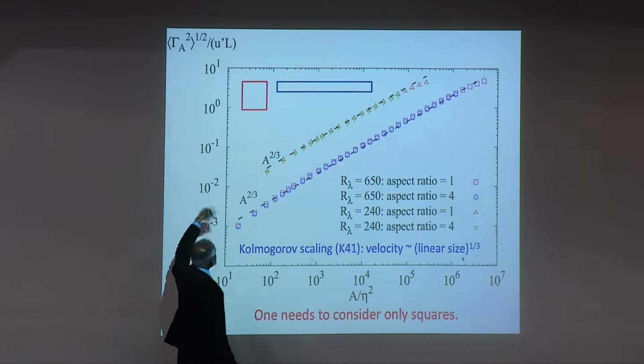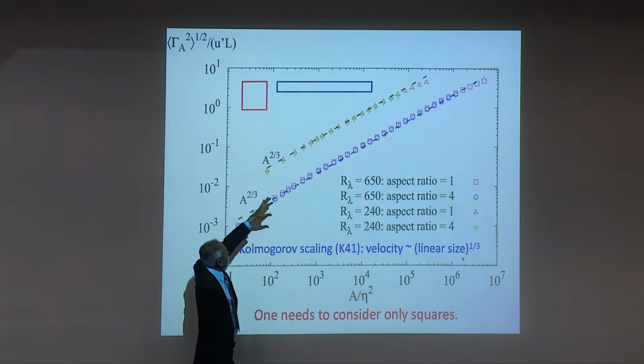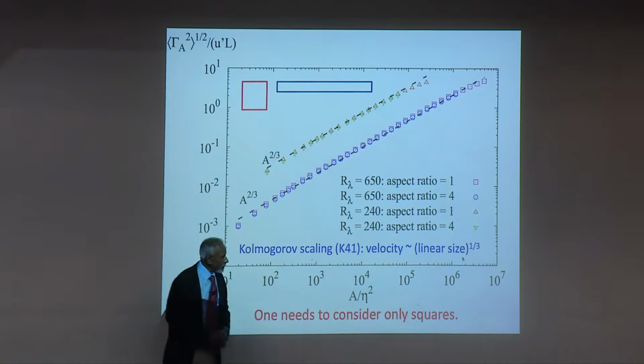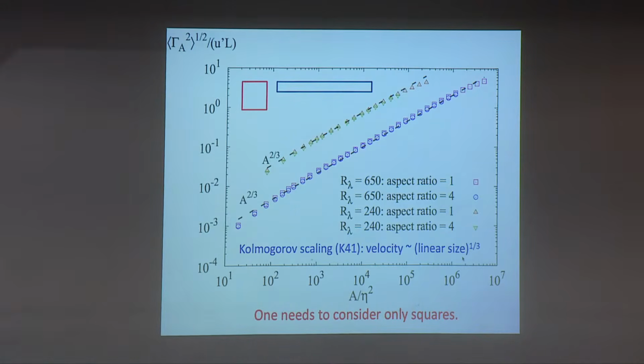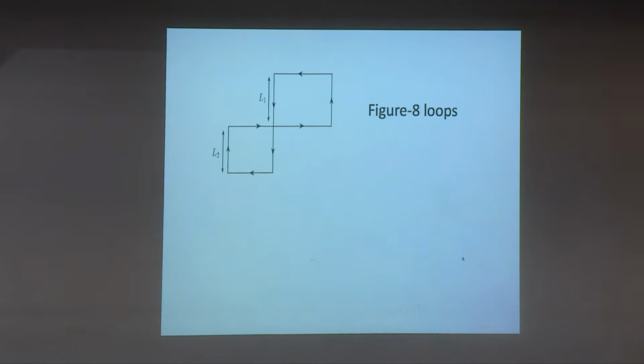If you take the square root of it, of course, you will have the 2/3 power, which is what the dashed lines indicate. So that, I think, is already telling you that the Kolmogorov scaling is more or less correct.